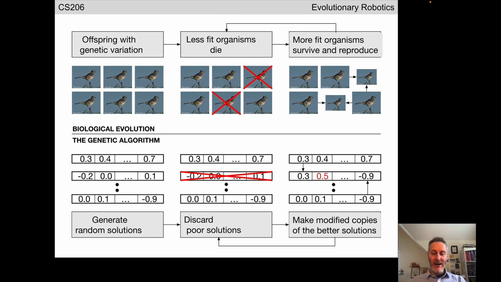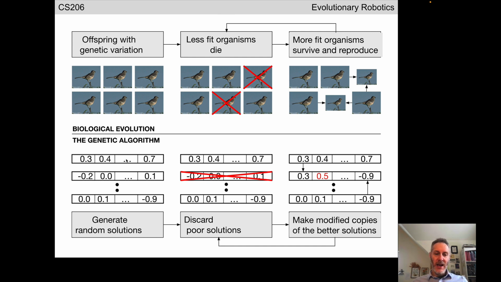That observation back in the 1960s actually led to what was known then as the genetic algorithm. This was a very, very early form of AI, which basically distilled biological evolution down into an AI algorithm where we replace our organisms with strings of numbers which are meant to represent candidate solutions to a given problem.